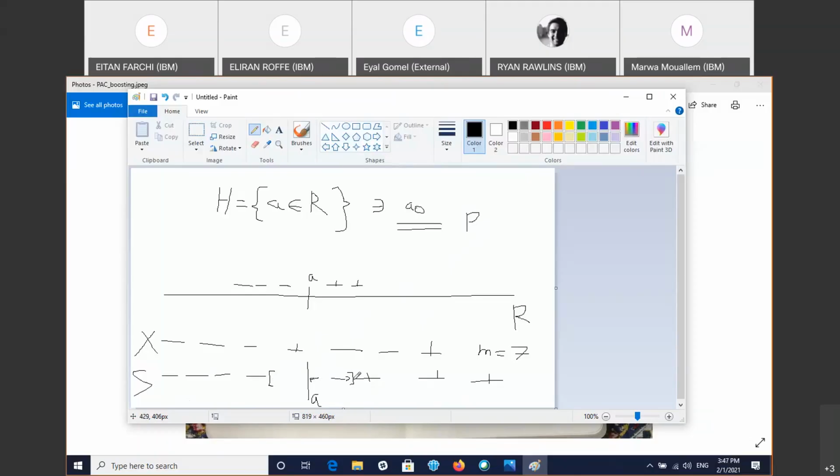So the more points I get, the more accurate my A is going to be, and the gap that is left is going to be small in terms of probability, not its length. So it doesn't matter. The chance that I'll be making a mistake is going to be small.